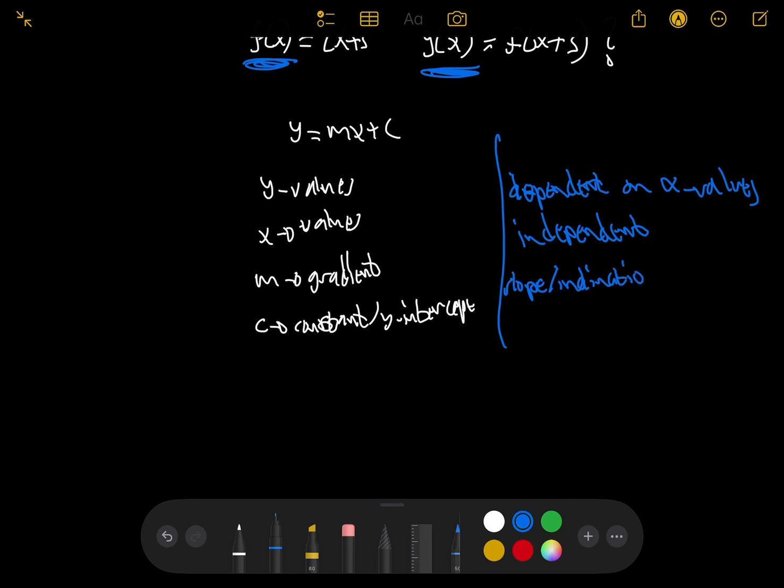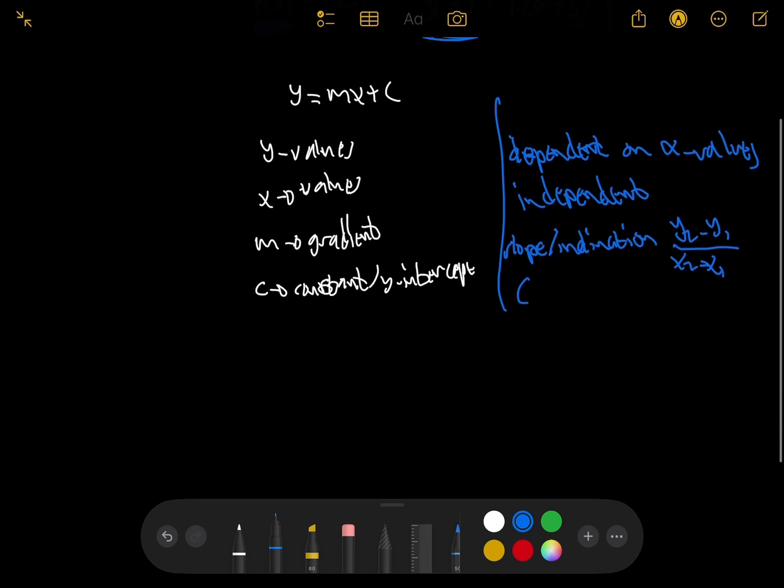And then we also knew that gradient was what you'd call slope or inclination, which is your y2 minus y1 over x2 minus x1. The constant will give us the y-intercept, which is (0; c), where 0 was the x value and c was the y value of the y-intercept.